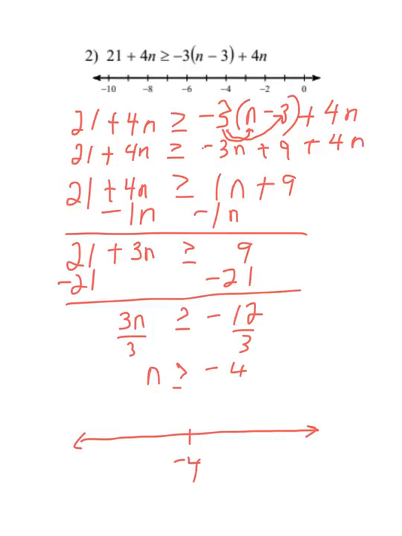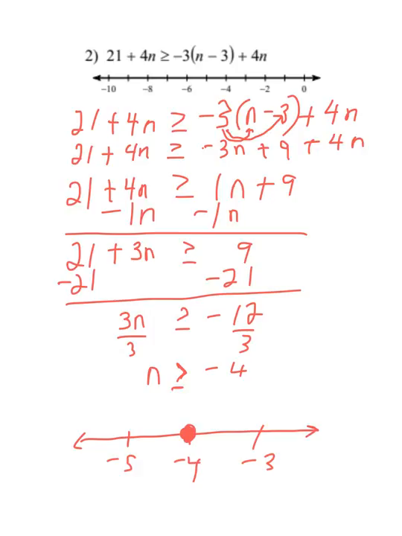And that's where you want to put your dot. And this one is going to be filled in. Extra mark, extra mark, make it dark. What that means is negative 4 is a solution. It's inclusive.